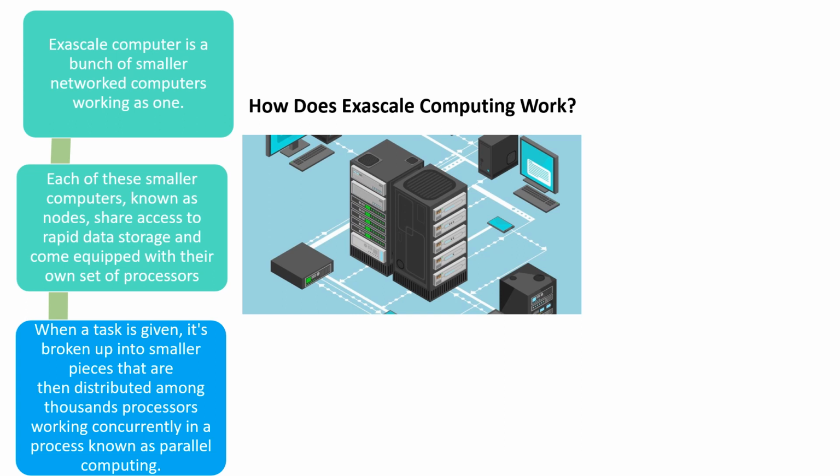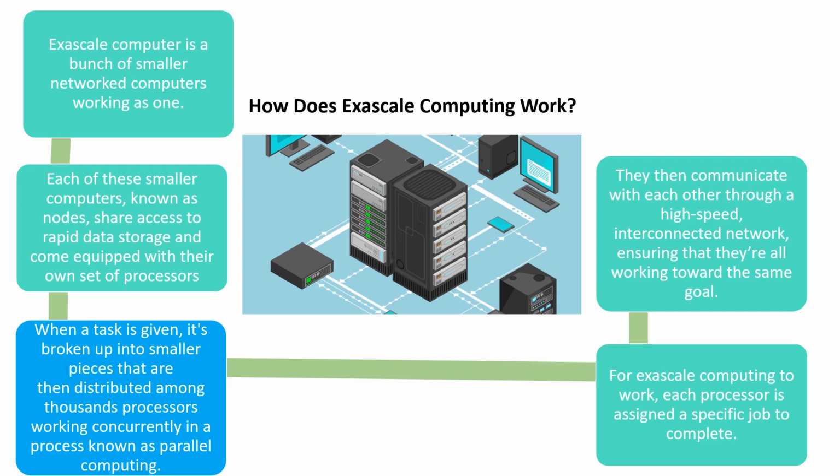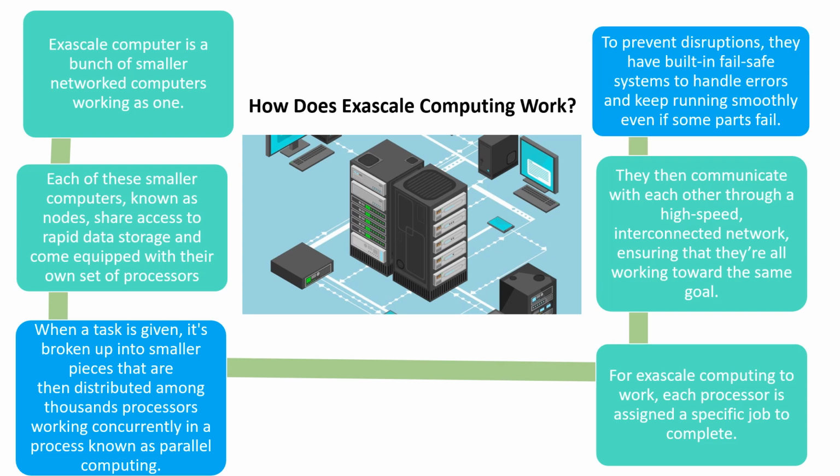For exascale computing to work, each processor is assigned a specific job to complete. They then communicate with each other through a high-speed interconnected network, ensuring that they all work towards the same goal.